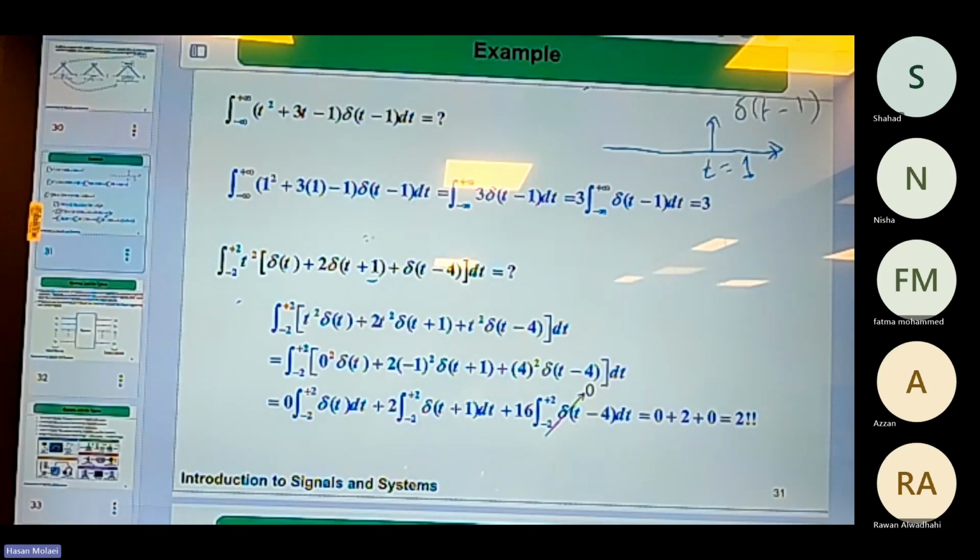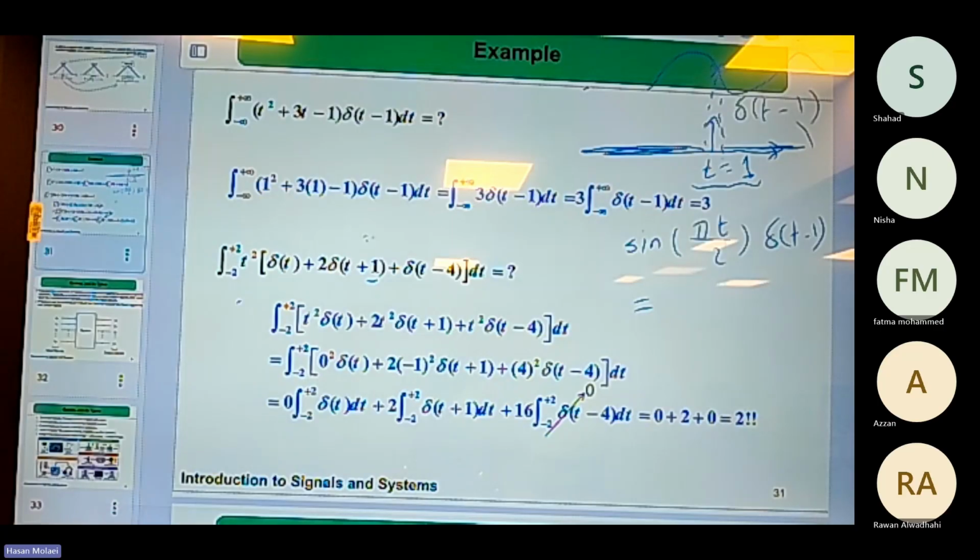If you have sine of pi t over 2 times delta(t - 1), what is the result? We are multiplying the waveform by delta. It's 0 at all times except t equal to 1, and we only have a value at t equal to 1. How much is the value?